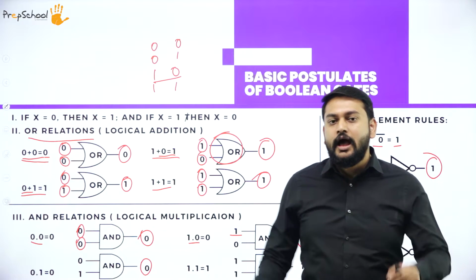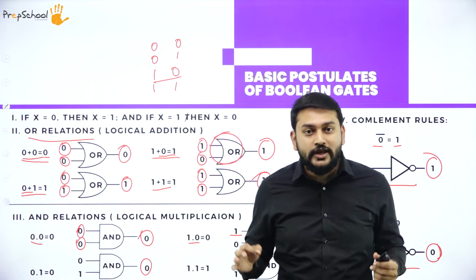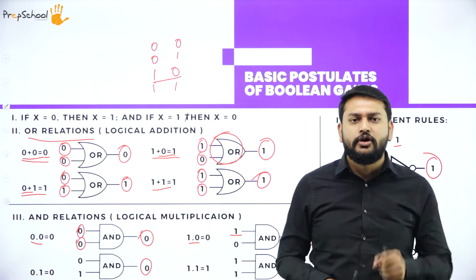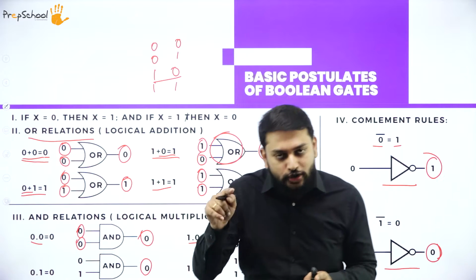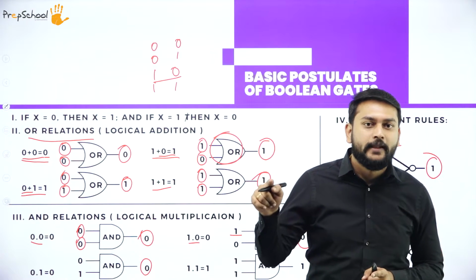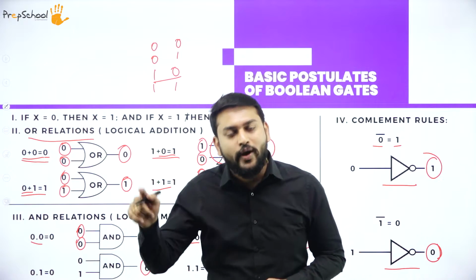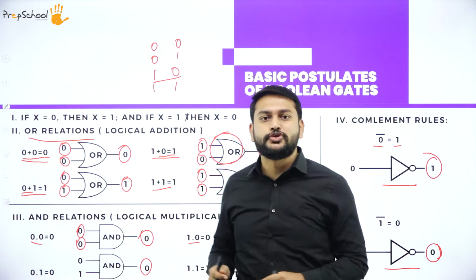So guys, I have discussed 4 basic postulates. How many postulates? 4 basic postulates. What does the first postulate speak about? If the x value is not equal to 0, then it should be 1. In the same way, if the x value is not equal to 1, then the x value should be 0. That's what the first postulate says.